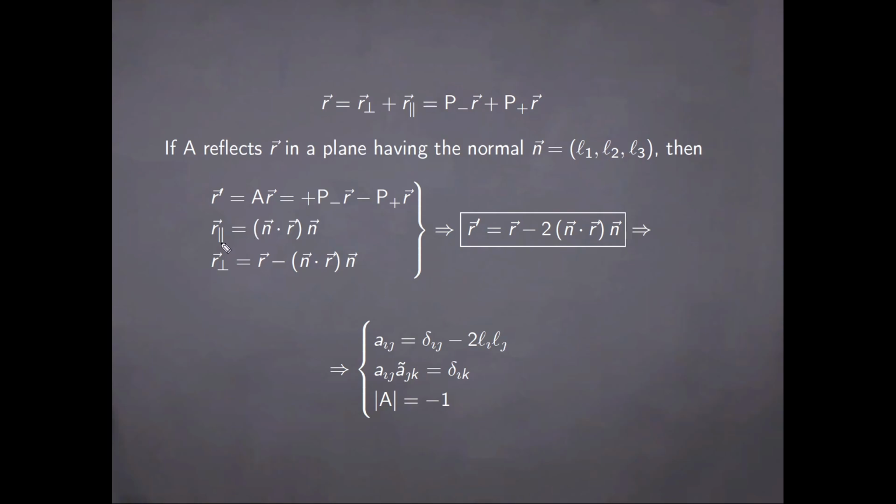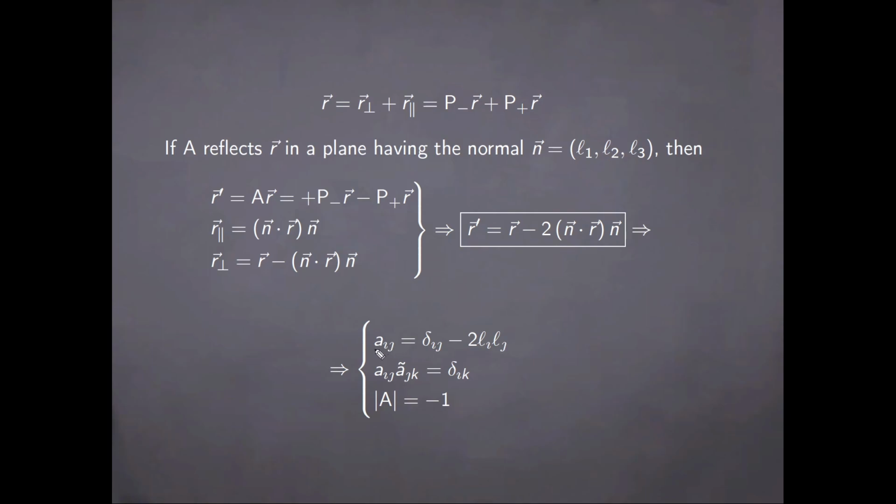And then as the parallel and perpendicular components are given simply by the expressions here, we immediately obtain the general reflection formula as stated in this expression. And we can see that this corresponds to a matrix having the elements shown here.